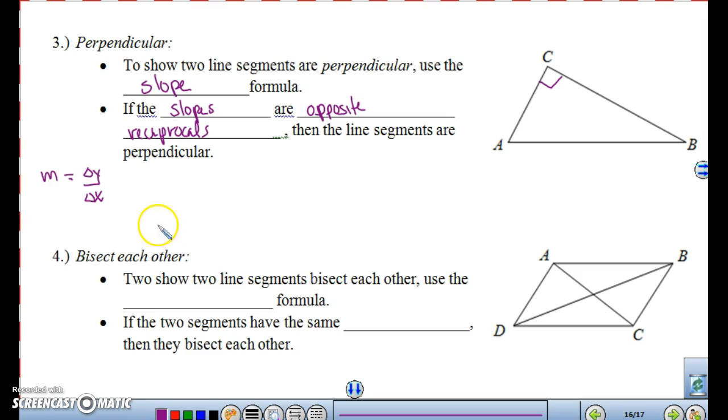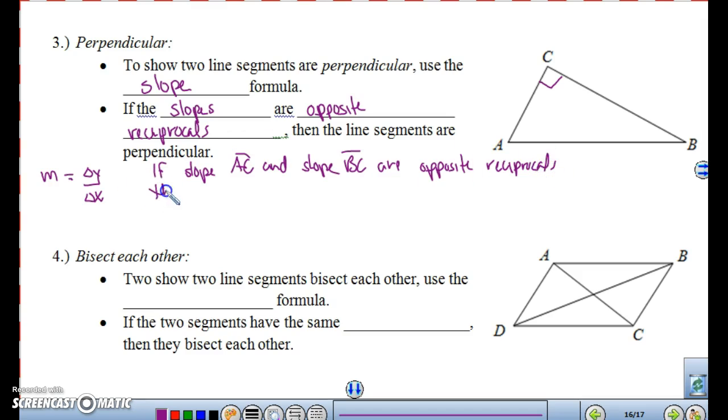And we would have to say if the slope of AC and the slope of BC are opposite reciprocals, then we can say AC is perpendicular to BC.